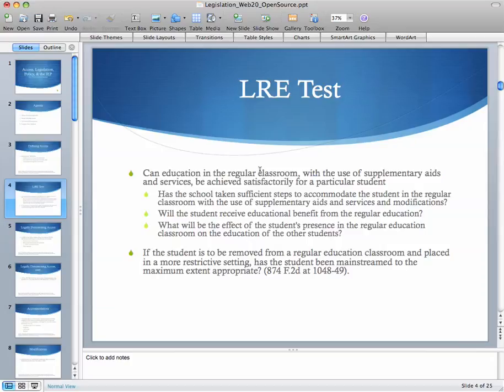Finally, if the student is to be removed from the regular ed classroom and placed in a more restrictive setting, has that student been mainstreamed to the maximum extent appropriate?